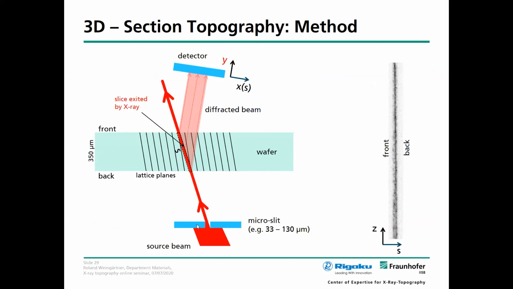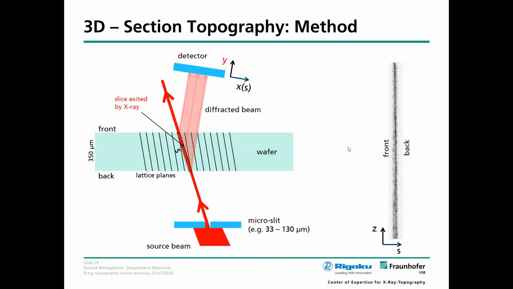In the typical source beam, we put a micro slit inside so that we have only a very, very thin X-ray beam, which slices out a part of the wafer that is excited. And the detector detects a slice. This is actually what we can measure and see here.